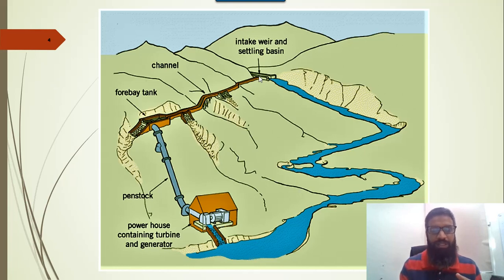The material of that pipe is specifically PVC pipe or a plastic pipe, and then we divert this water flow to a turbine, and based on this water flow the turbine starts rotating and it will produce electricity.